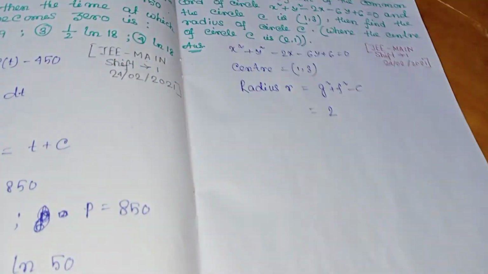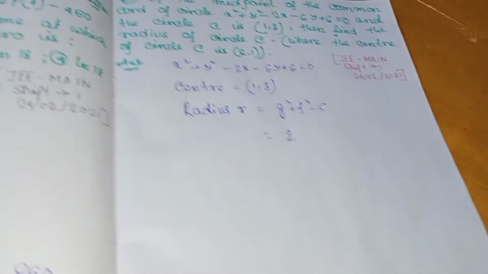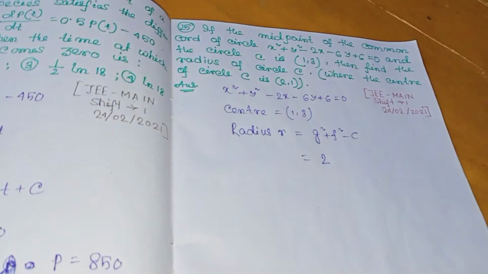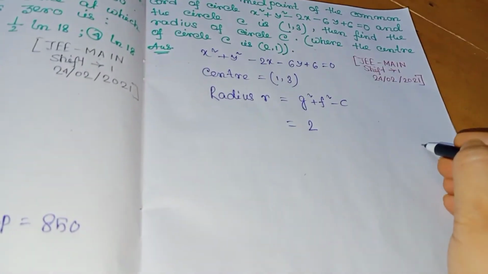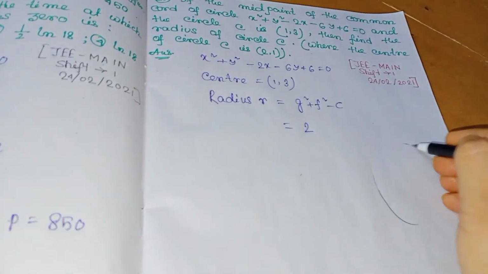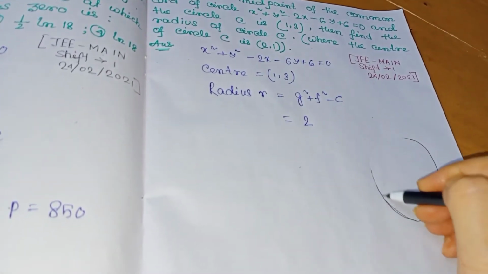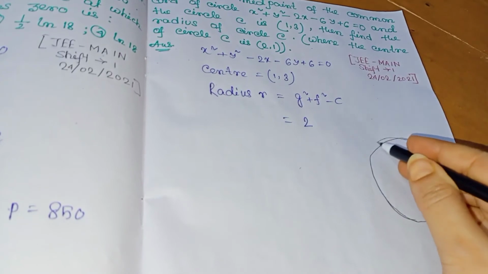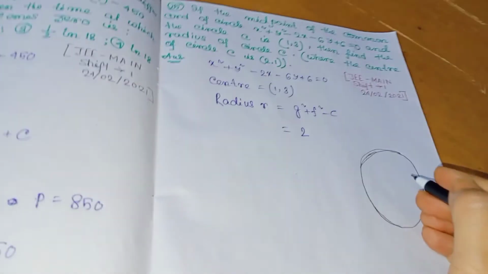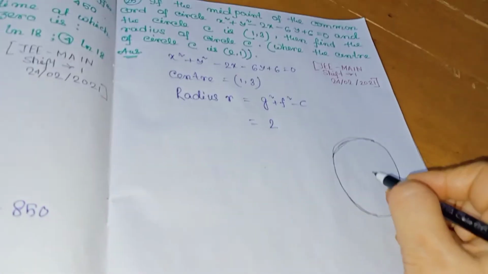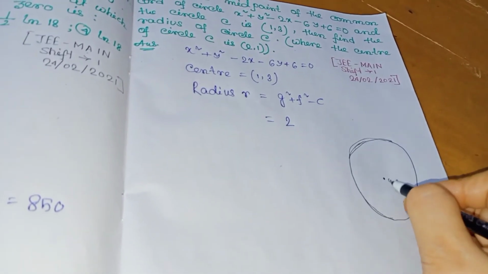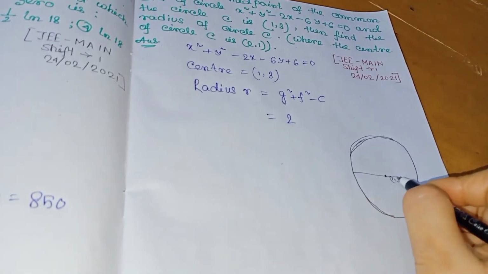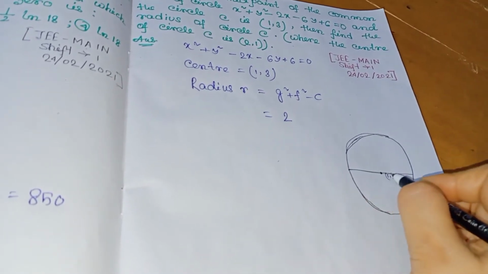Now let's draw the circle first. Here is the circle. The first circle is given, its center is (1, 3), and here is the chord.